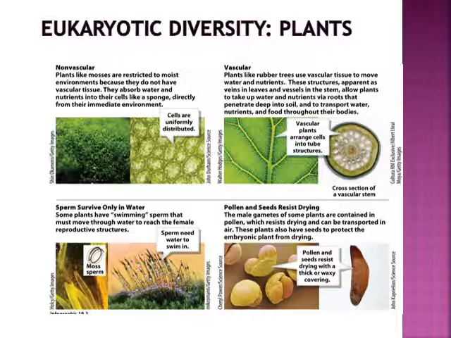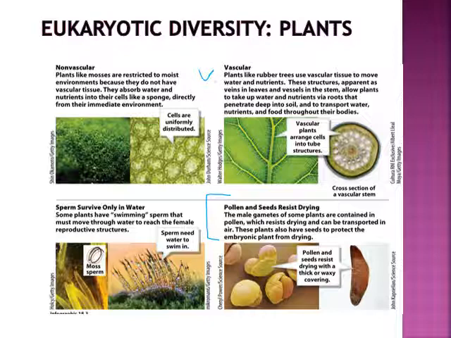So of the plants, we have a few different varieties. So we have non-vascular versus vascular. And then we also have different reproduction styles. So we have sperm that can only survive in water, as well as pollen and seeds that resist drying. So non-vascular versus vascular.